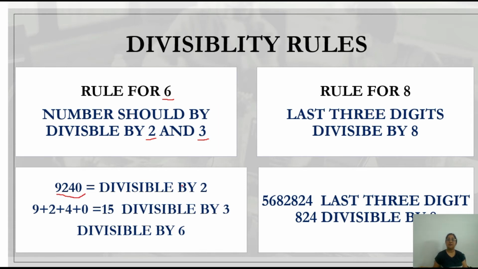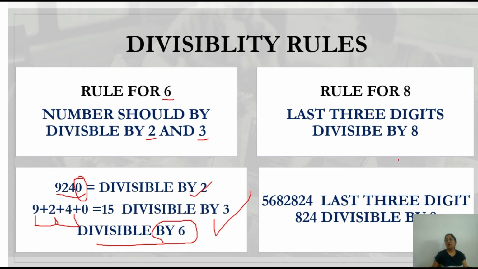Yes, it is divisible by 2 as it has 0 at its ones place. Now we will check the divisibility rule of 3. We will sum up all the digits. 9 plus 2, 11. 11 plus 4, 15. 15 is divisible by 3. So this number is divisible by 2 as well as by 3. So it is divisible by 6. Very simple.